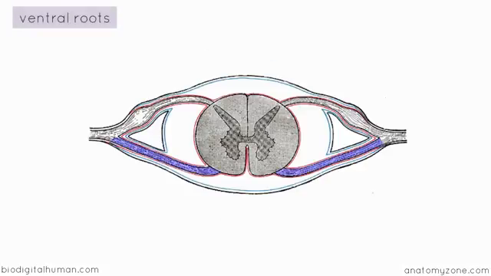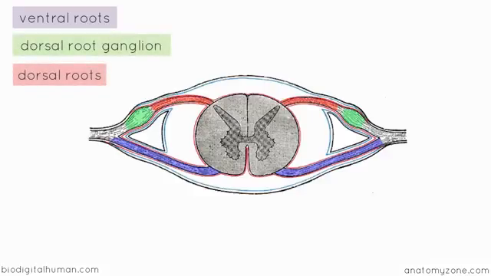We've got the dorsal root ganglion and the dorsal root of the spinal nerve. So as I mentioned in the previous part, the ventral root carries efferent motor information and the dorsal root carries afferent sensory information. So afferent arrives, efferent exits.